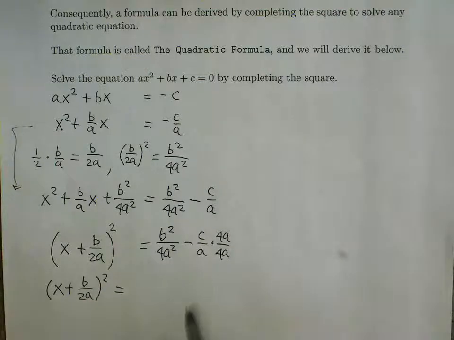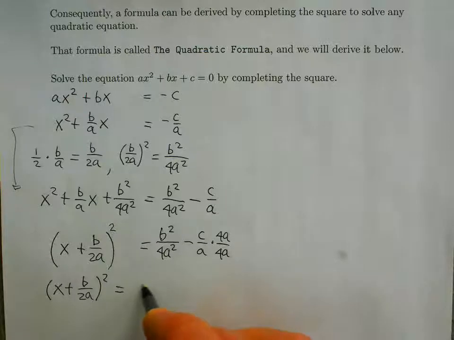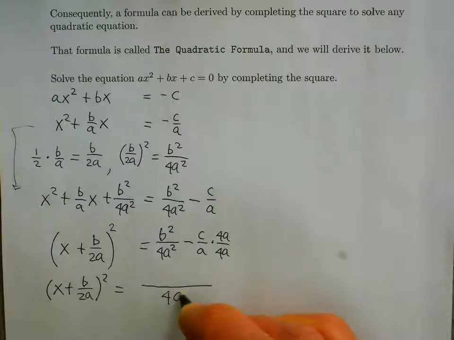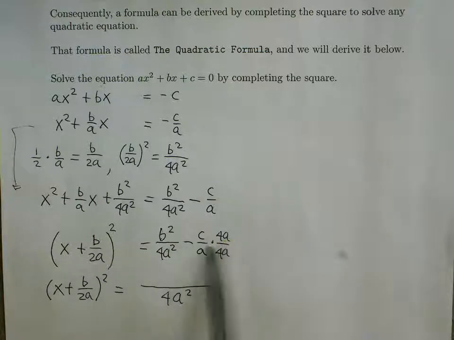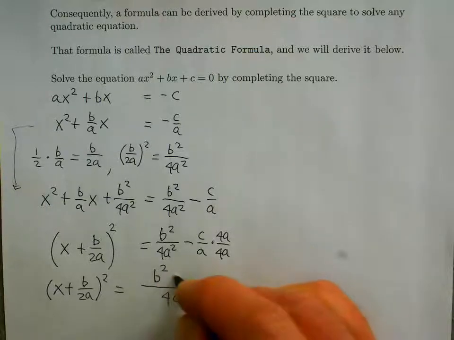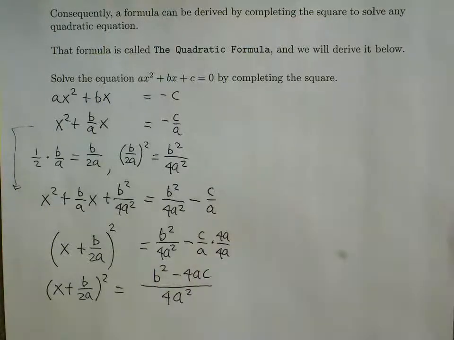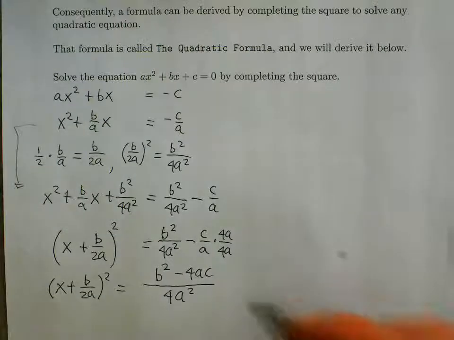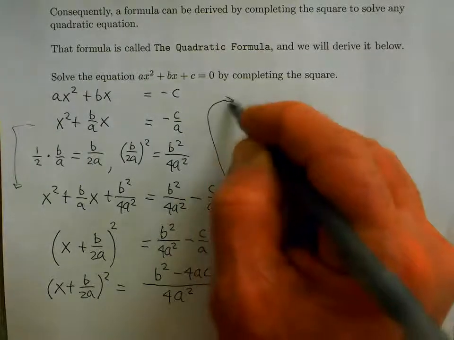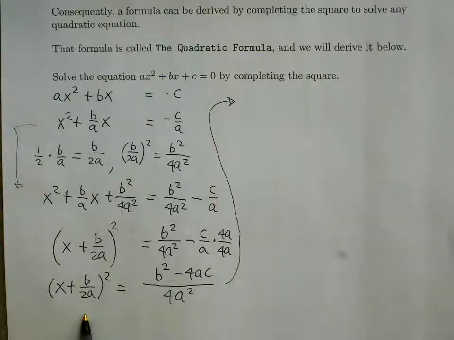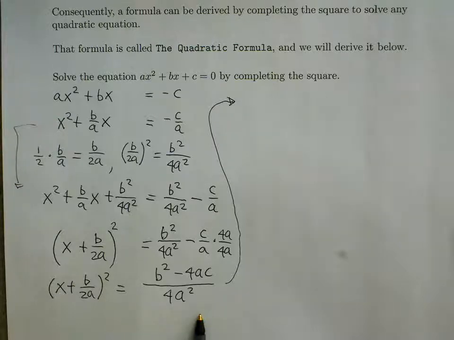And on the right-hand side, with a common denominator of 4a to the second, we can write the numerator as b squared minus 4ac. B to the second minus 4 times ac. Okay, now we can apply the square root property, because we have a binomial squared equals a number, b to the second minus 4ac over 4a squared.